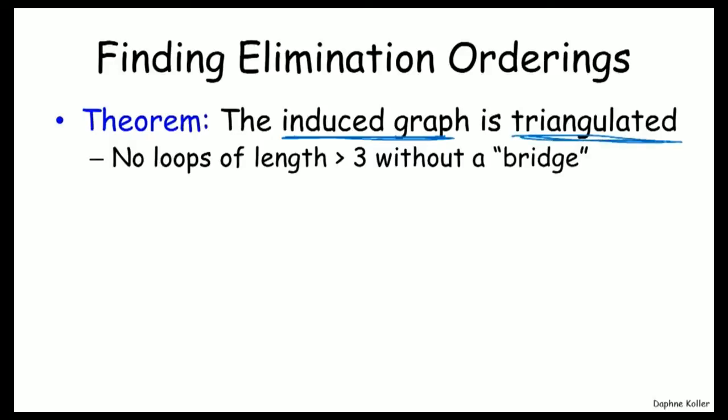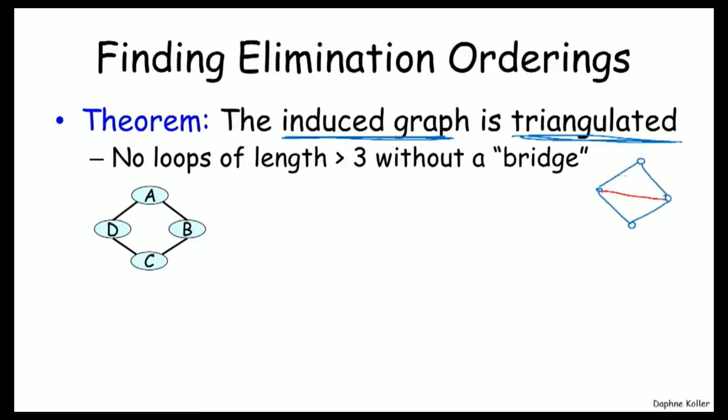Now, what does triangulated mean? Triangulated means that you cannot have a loop of size more than 3 that doesn't have a bridge, an edge that goes in one direction or another, so that there's a way of crossing across that loop without going all the way around. Let's convince ourselves that this is true.